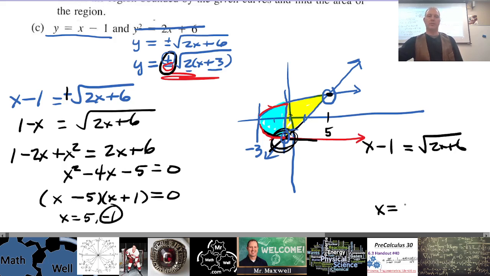So you get x equals 5 and negative 1, because squaring makes the positive really kind of go away, in a sense. So 5 is our other x value.